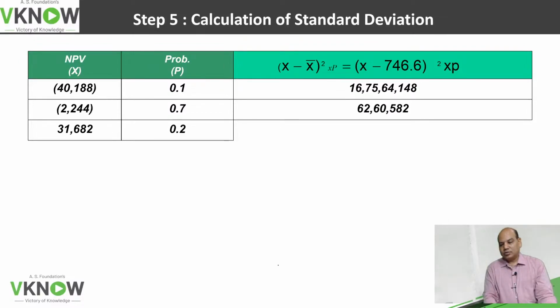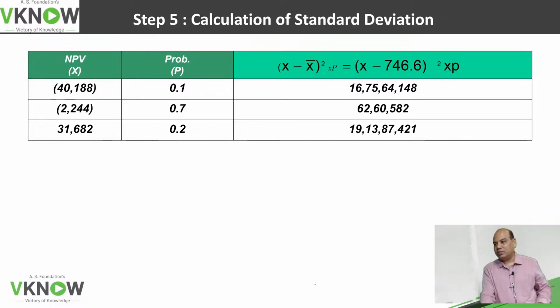62 lakh 60,582. Next one, 31,682 minus 746.6 into 0.2.